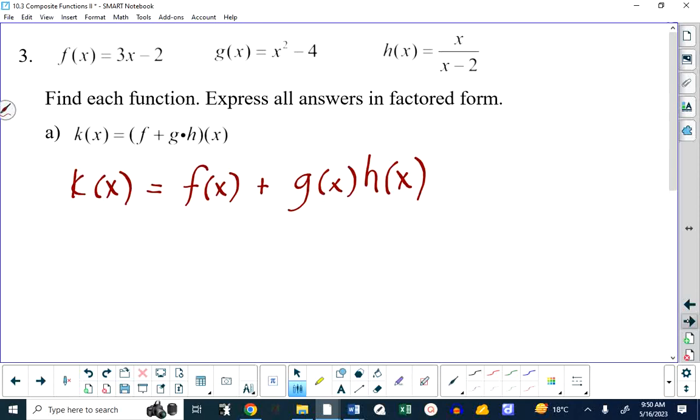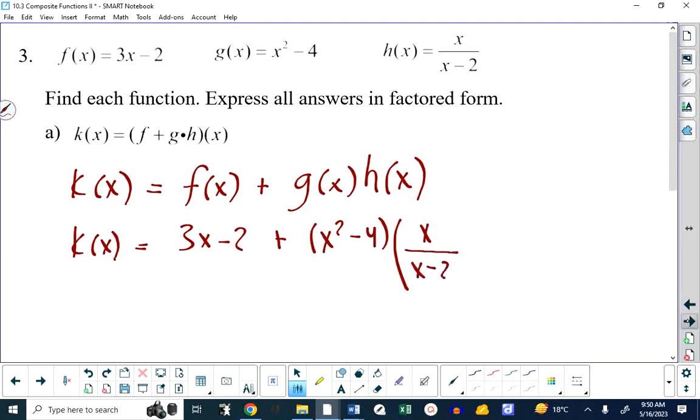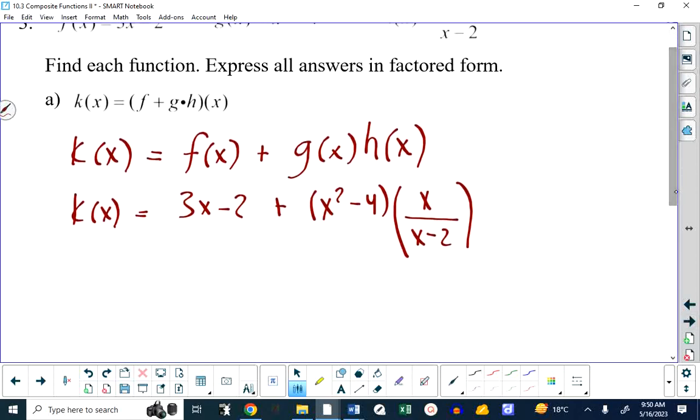So we're simply going to put in the functions. k of x is 3x minus 2 plus the product of x squared minus 4 and x over x minus 2. Now, we want to simplify things wherever possible. This product is a product of rational expressions.